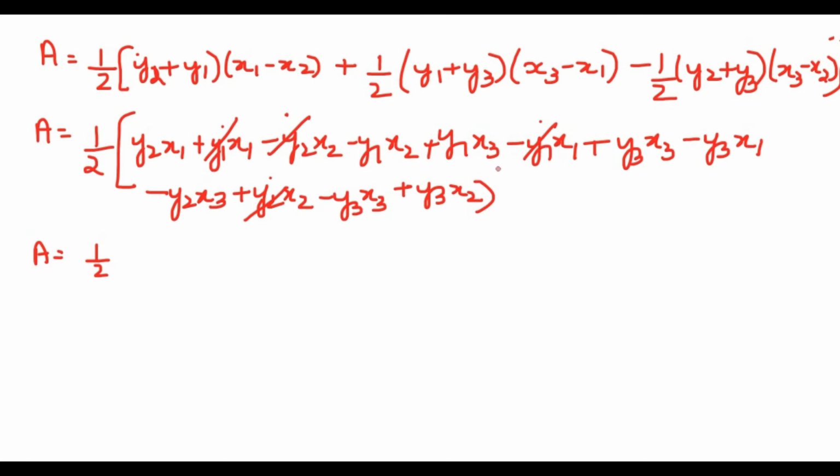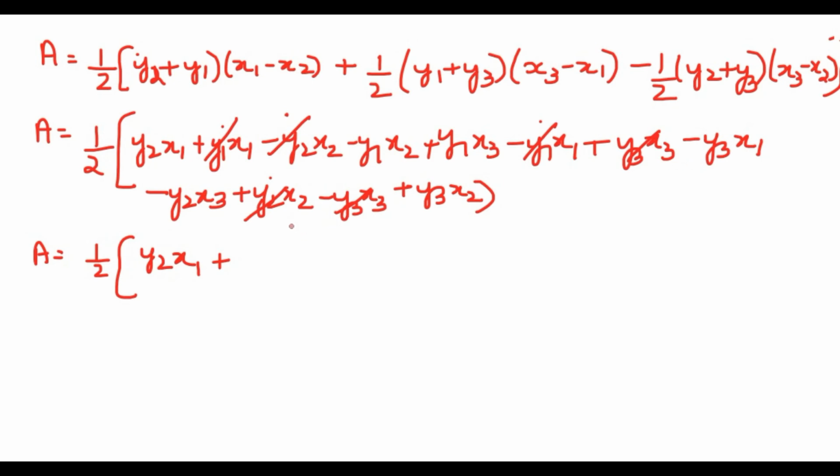Again I can cancel y3 x3 and here also I have one y3 x3. Now I can take outside the common terms. So x1, here y2 x1 plus, I am going to group together the terms with x1.